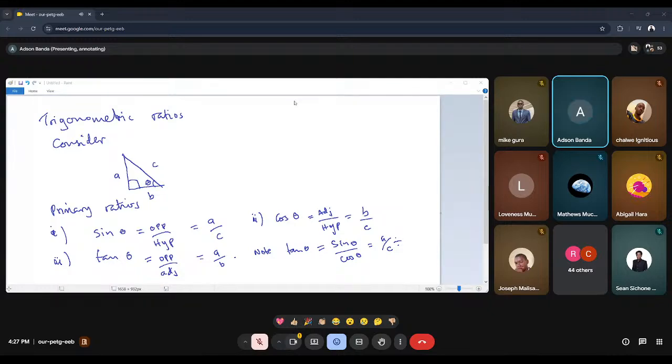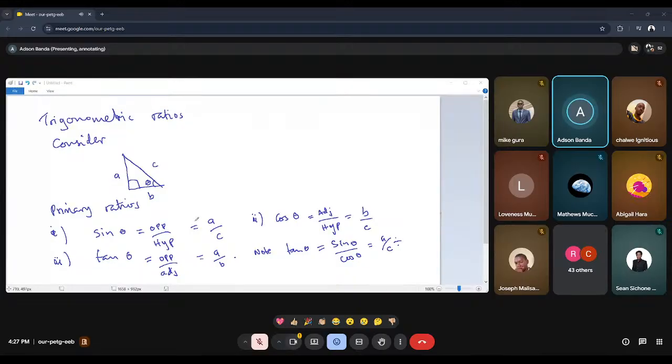All right. So I was saying that the tangent of theta is the same as, you may know, sine theta divided by the cosine of theta.